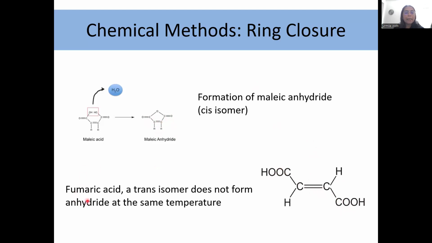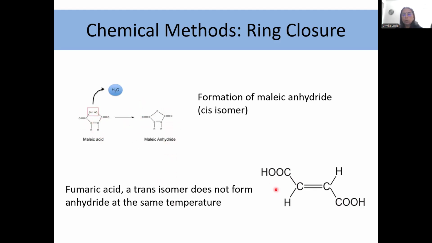So, how does fumaric acid form maleic anhydride? At a very high temperature, rotation around the double bond is possible. So at a very high temperature, fumaric acid rotates and gets converted to maleic acid. Once it is converted to maleic acid, the formation of anhydride is easy.